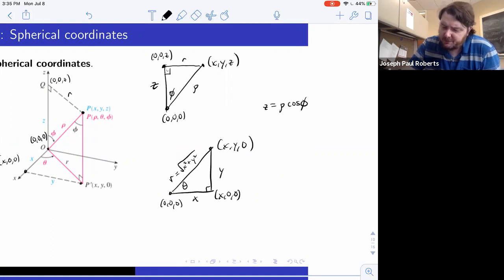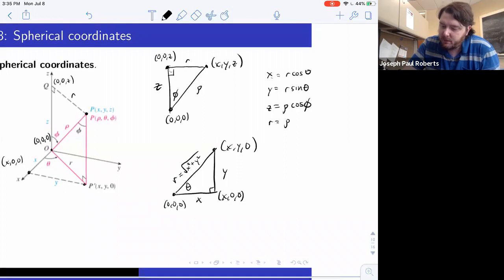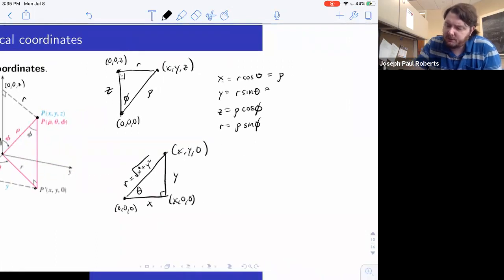The bottom triangle tells us that x and y are r cosine theta and r sine theta. But this top triangle also tells us that r is the opposite side of phi, so r is rho sine phi. You can substitute in for r to get that x is rho cosine theta sine phi. I'm just reordering the factors, no big deal. And y is then rho sine theta sine phi.